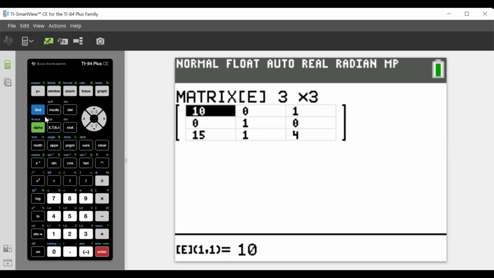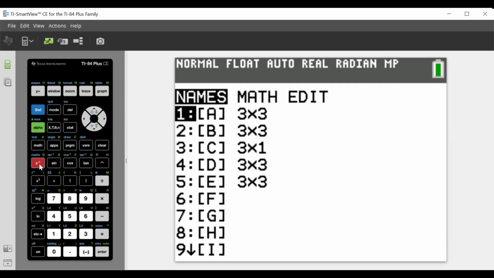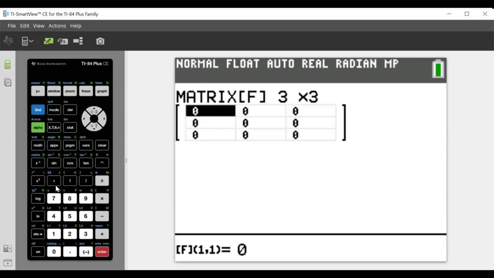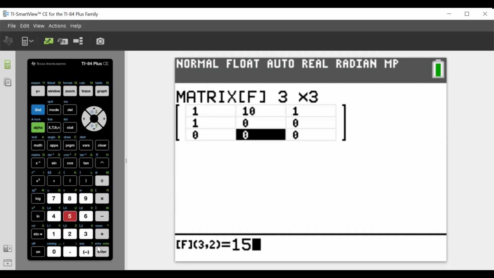Okay. Now let's go in and do the next one. And so the next one would be F, which would be 6. And F is the function. We want a 3 by 3 again. And so that was 1, 10, and then a 1, and then 1, 0, 0, and then 0, then 15, 4. Now we'll quit that one.